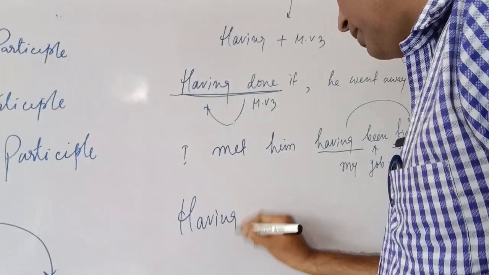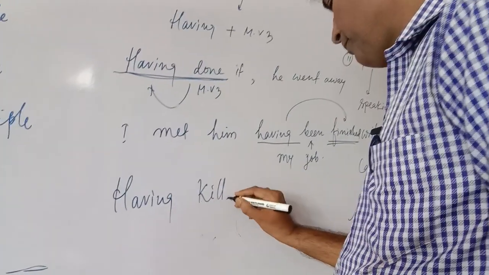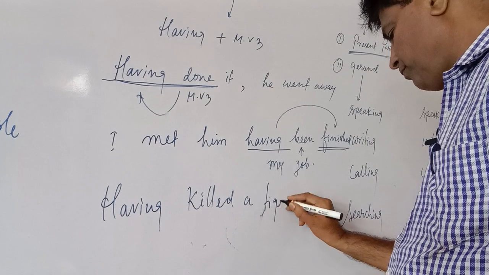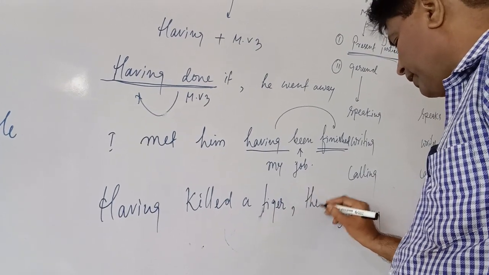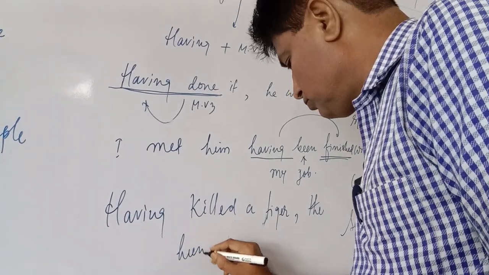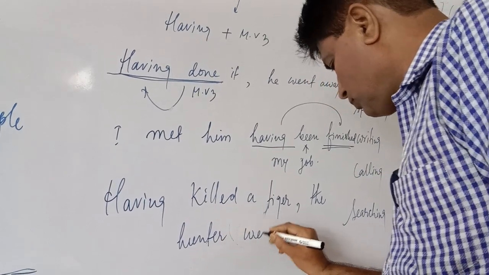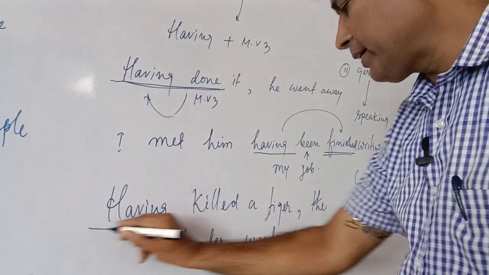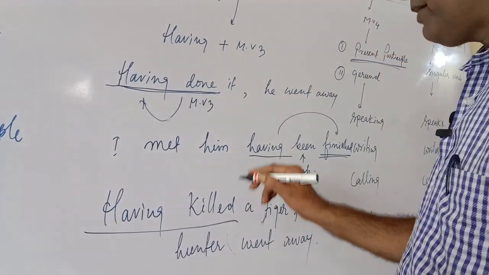Having killed a tiger, the hunter went away. So in this sentence, having killed defines perfect participle.